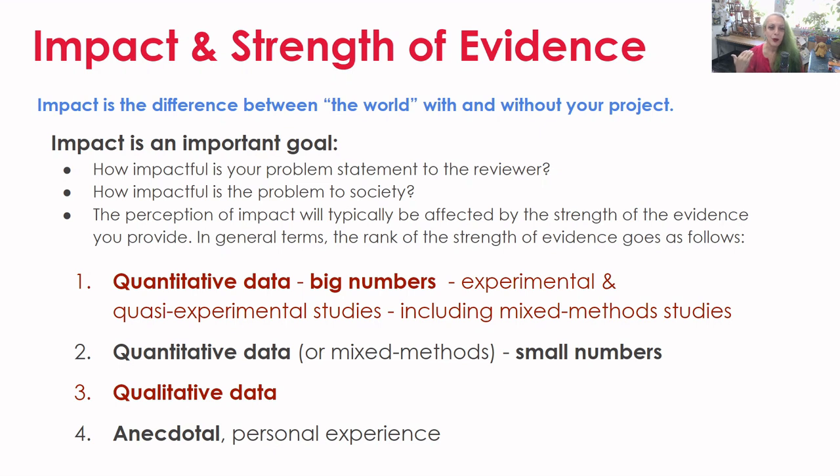So for example, quantitative data, big numbers, usually have high value when it comes to defending a problem statement and defending actions and activities in grants. And this can be experimental and quasi-experimental studies. It can also be general stats like we were talking about, and it can include mixed methods as well.